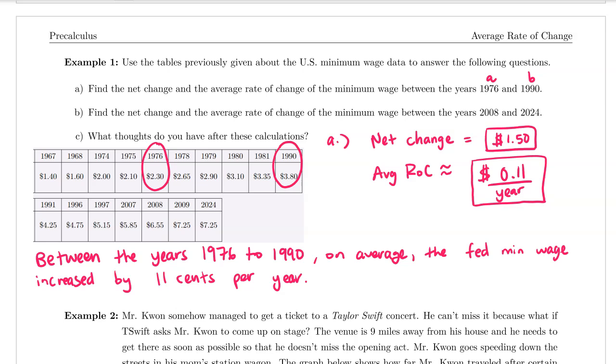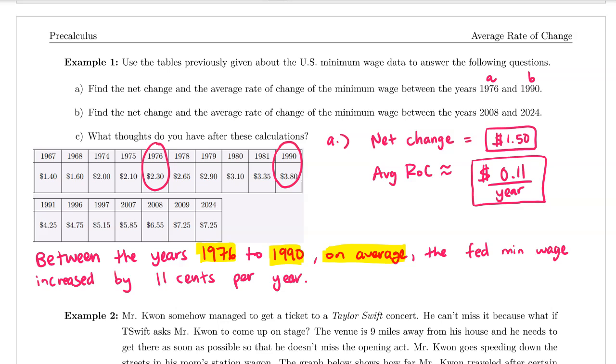So just to interpret and write our final answer in the form of a sentence, so that we know how to write effective final answers, I went ahead and wrote this out. You want to make sure that you include the years. So between the years 1976 to 1990, it's also really important that you include the phrase on average. You could either put it here or at the end.